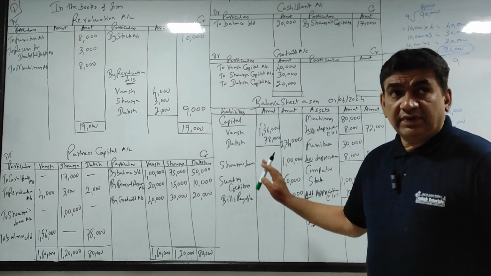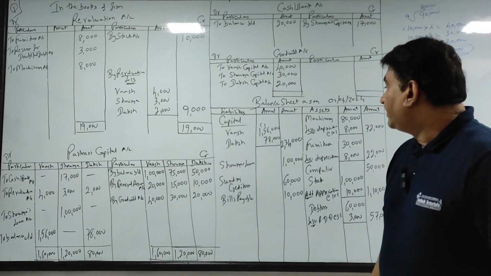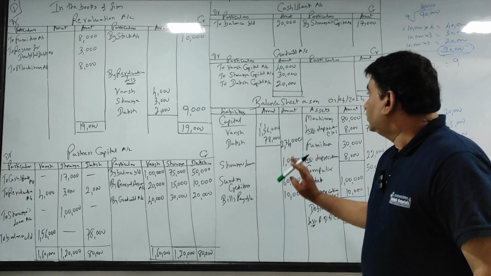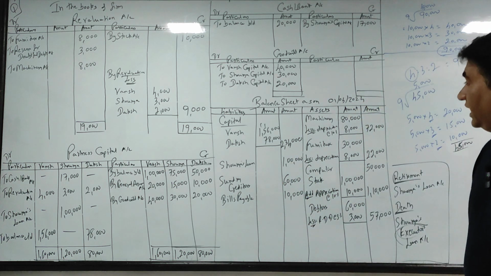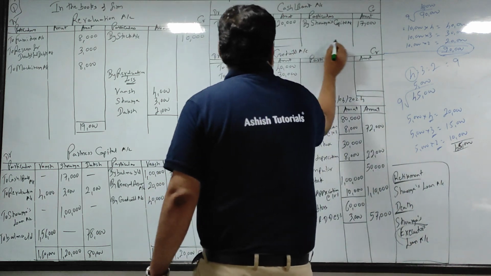Getting it? They are partners, so their balance will be treated as their capital balance. So 234. Clear?